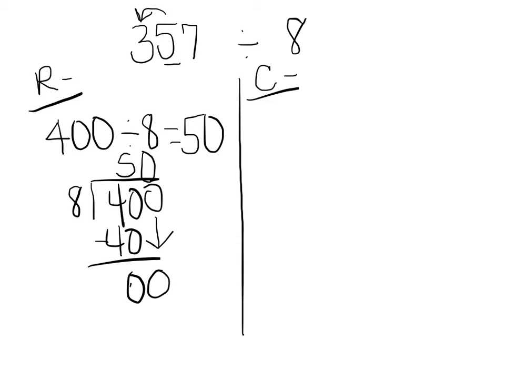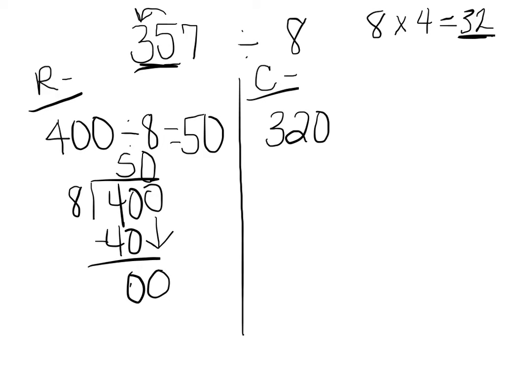Now, if I try compatible numbers, I'm going to look for a number that's a multiple of 8. I know that 8 times 4 equals 32. 32 is pretty close to 35. So I'm going to go 320 divided by 8.